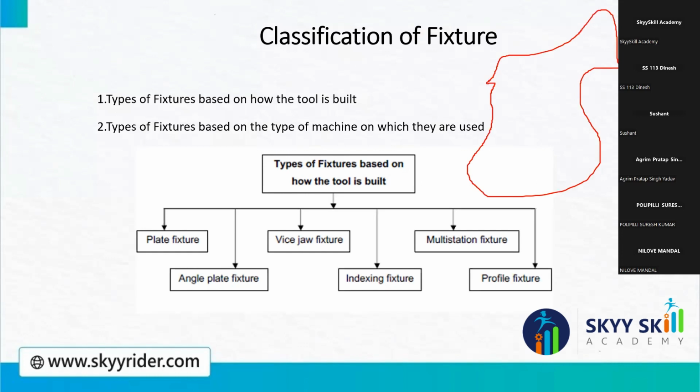Because this component has to be placed in such a way that it sits exactly as this profile looks. We have to make an arrangement at the bottom, where the same profile is cut in the fixture, so that the component will be placed exactly on this profile only. So in this case it is called a profile fixture.